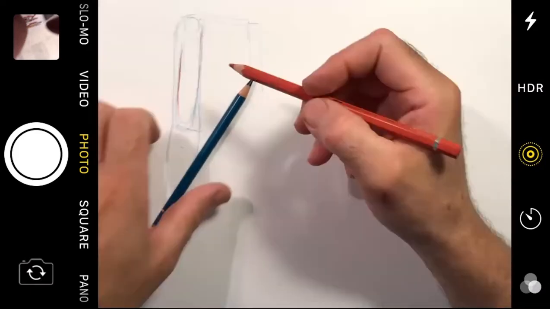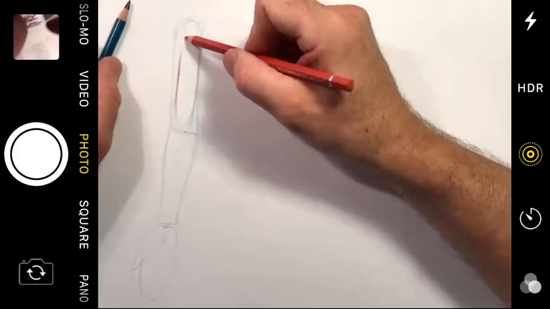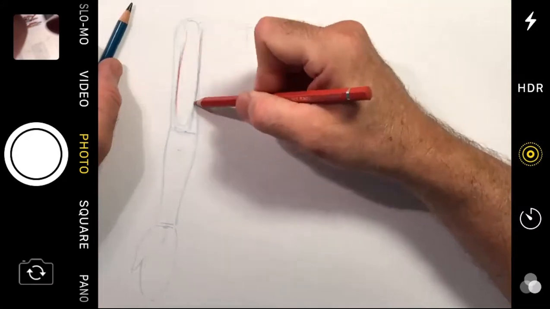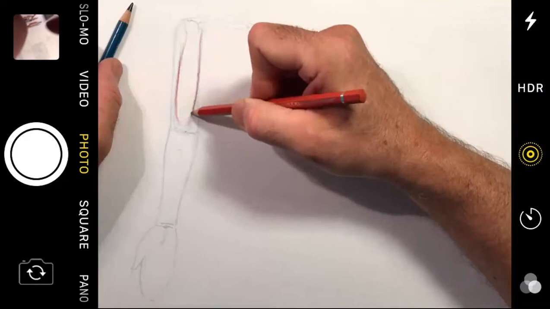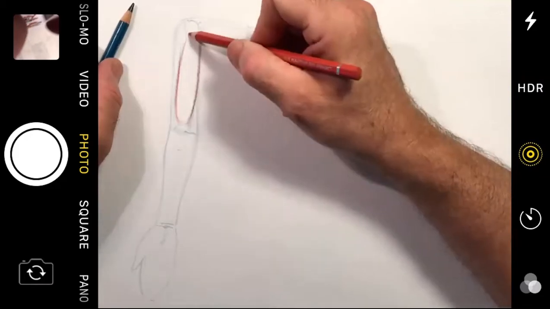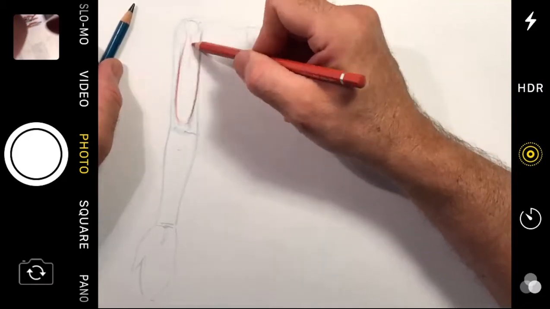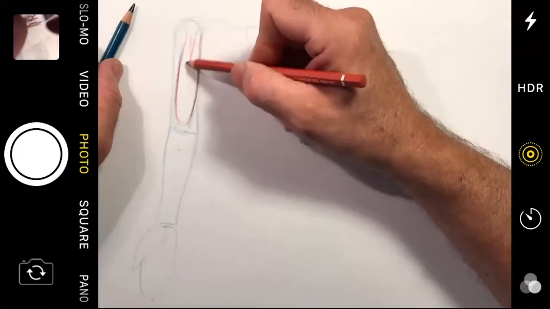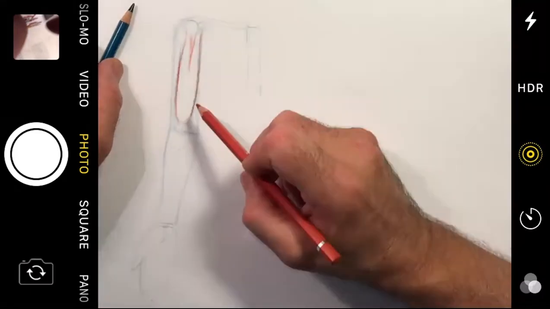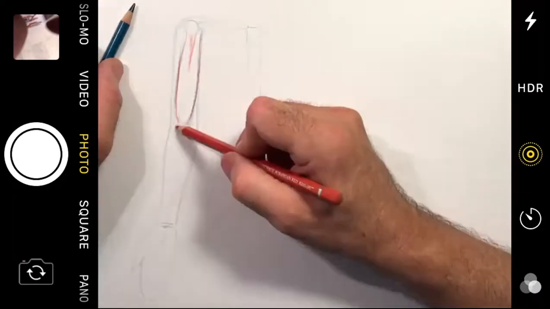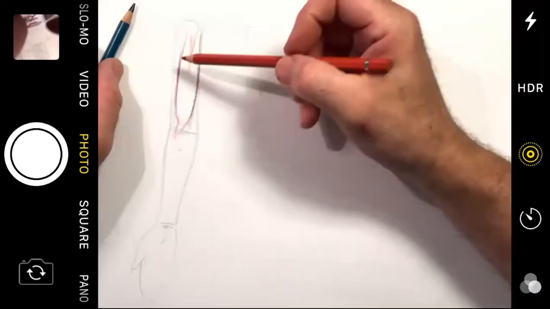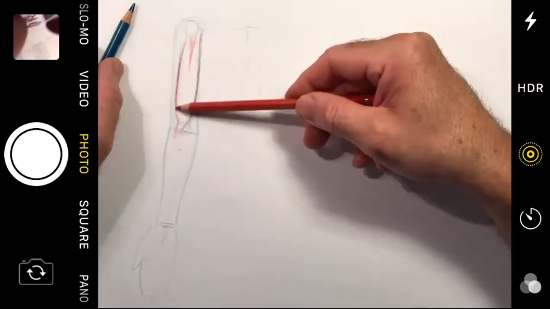So now this is the bicep, the fusiform shape. Here the bicep has the division of the two heads, which eventually come together here as they go down to the radius. I can give it a little bit of volume.